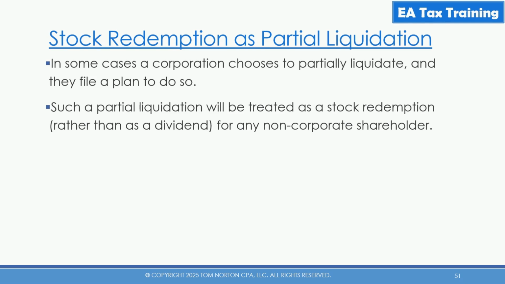So if you're a corporation and you are a shareholder in another corporation, if you get a redemption that is a result of a partial liquidation, that is ordinary income to that corporate shareholder. It's treated as a dividend. If you are not a corporation and you are a shareholder in the corporation, it will be treated as a normal stock redemption. Therefore, you can get capital gain from that.